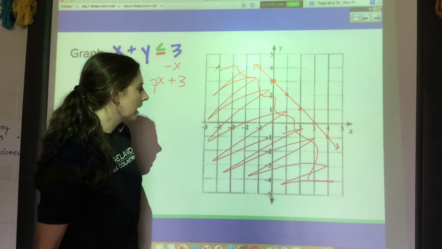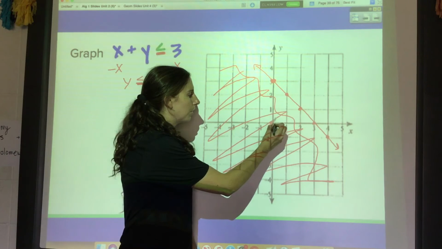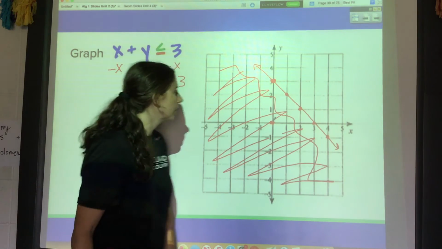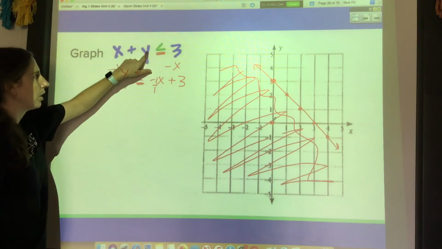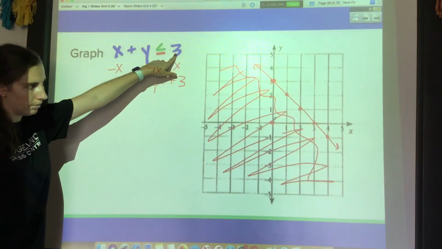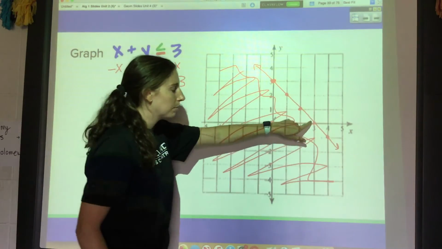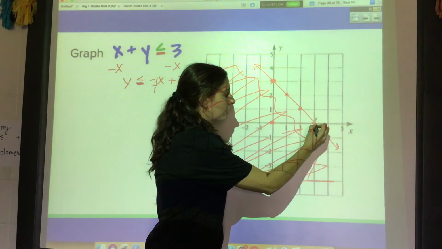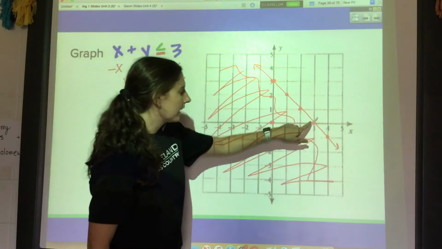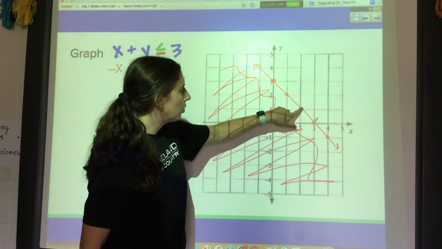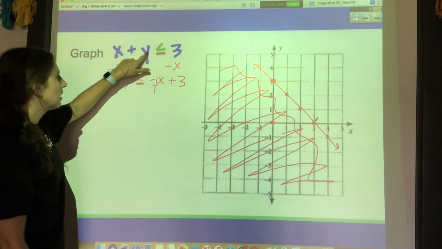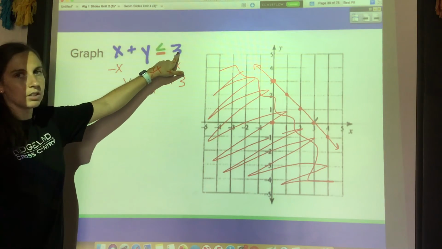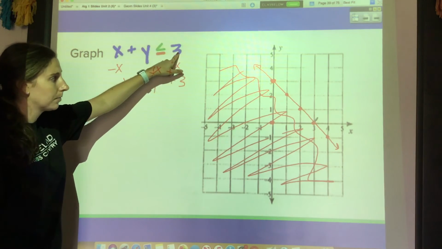So for example, pick (0, 0). (0, 0) is supposed to work. If I do 0 plus 0, is that less than or equal to 3? Yeah. If I do something right on the line, that should even work because it's a solid line. Like if I do (2, 1), does 2 plus 1 is that less than or equal to 3? Yes, it's equal to 3.